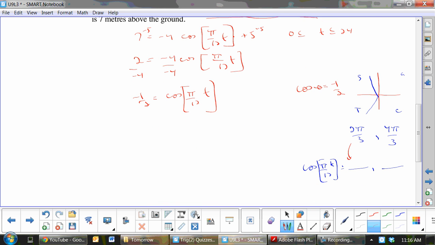Can anybody tell me in words what's going on here? From here to here, what's going on? When we go from t, we got t or x getting replaced with pi over 12 t. What is that, you guys? It's a horizontal stretch by 12 over pi.